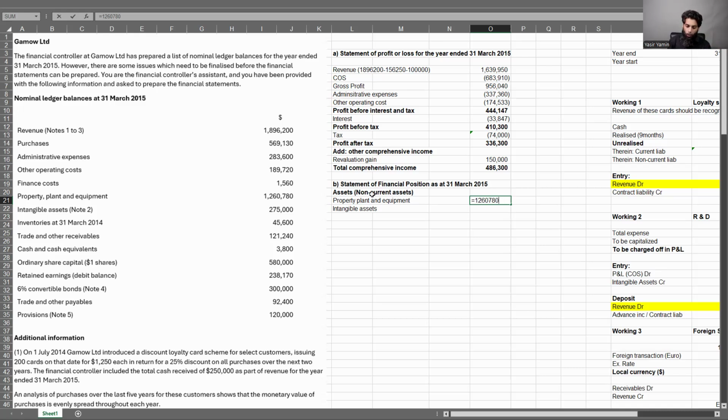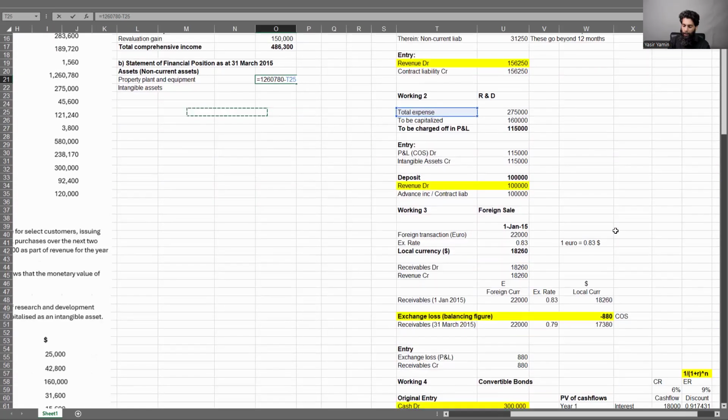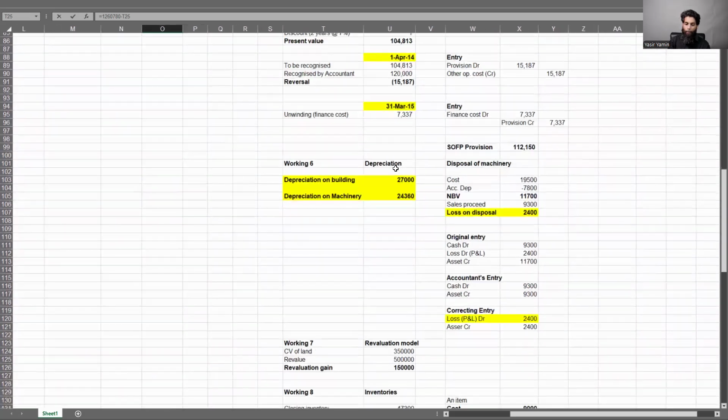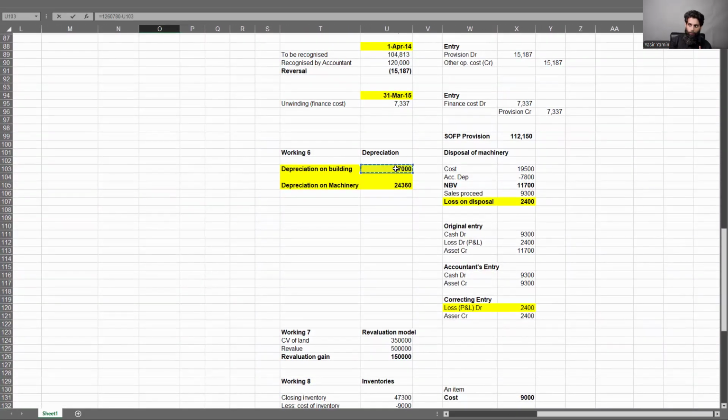So 1,260,780 is the value of your examiner. I will go towards the right, guys, and make some adjustments. I subtract depreciation on machinery. I subtract additional 2,400 of the loss that had not been accommodated by your examiner.